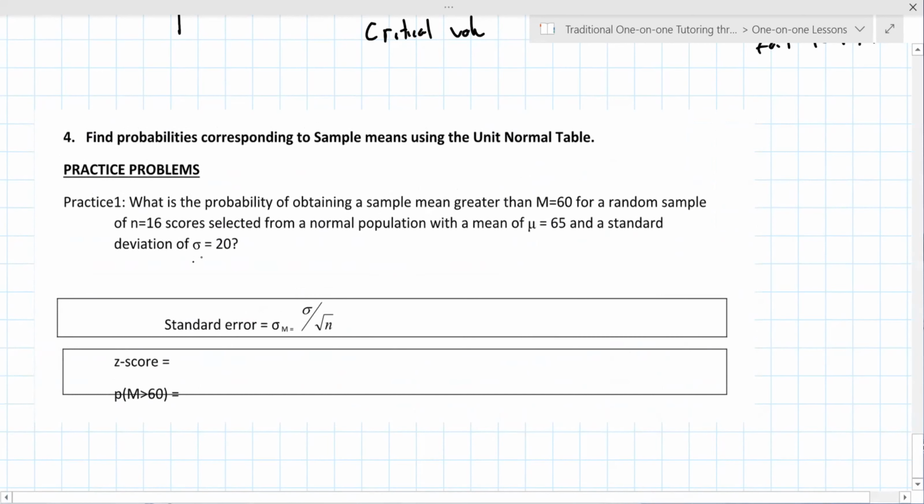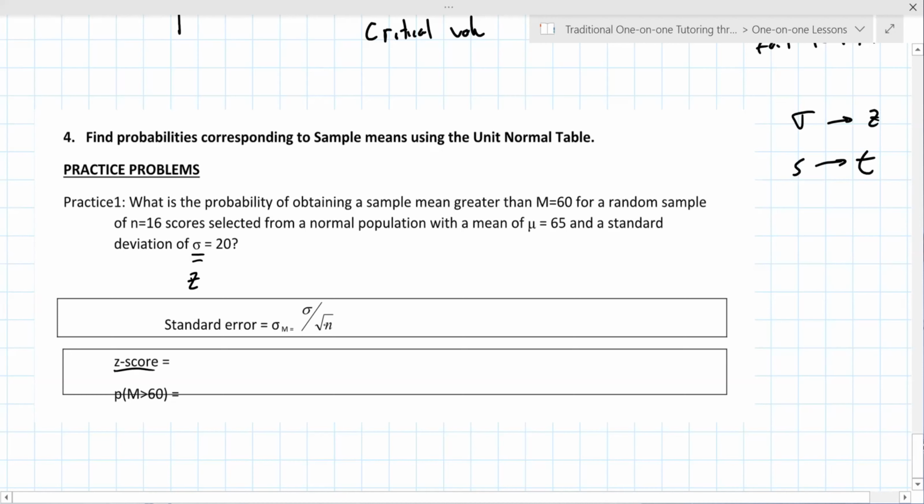Whenever sigma is given, sigma is the Greek letter, you know that this goes along with z. If they give you s, that goes with t. So maybe we make a little table here. Sigma goes with z, s goes with t.